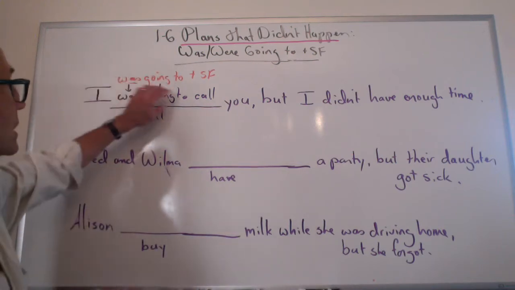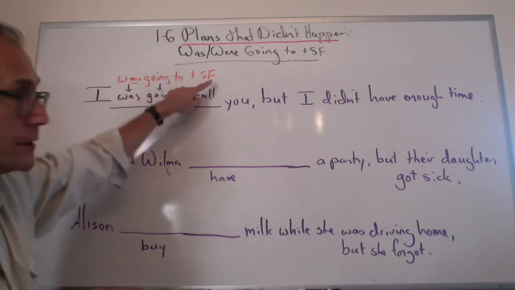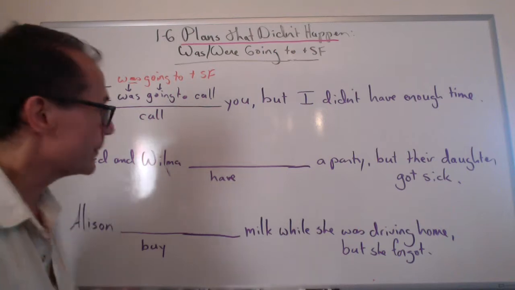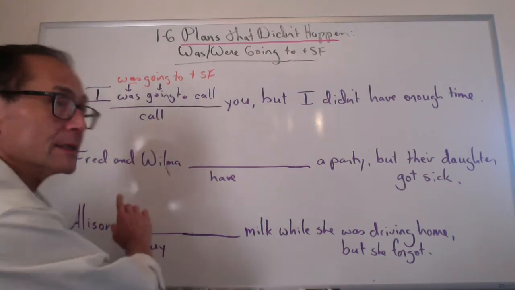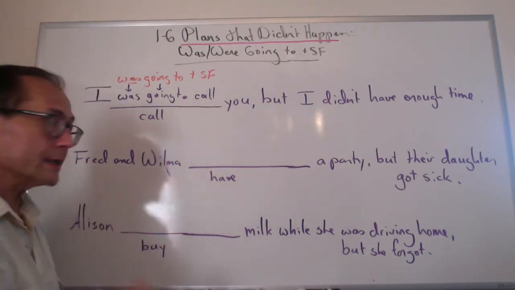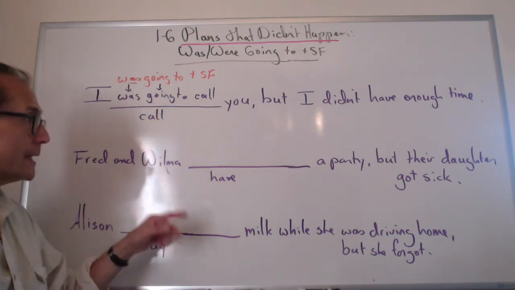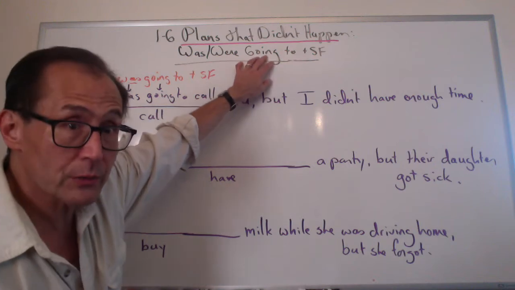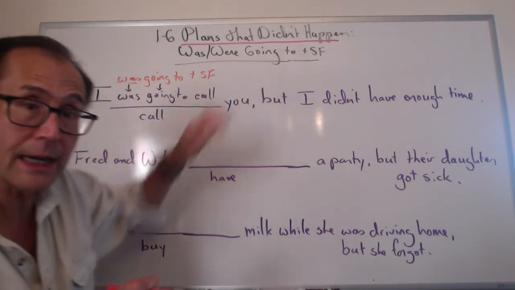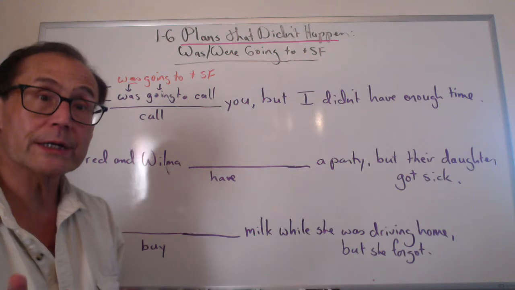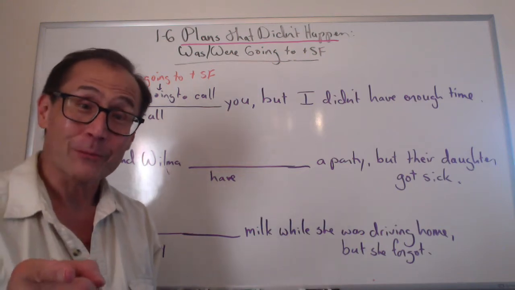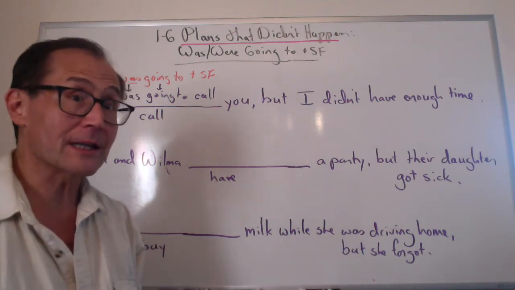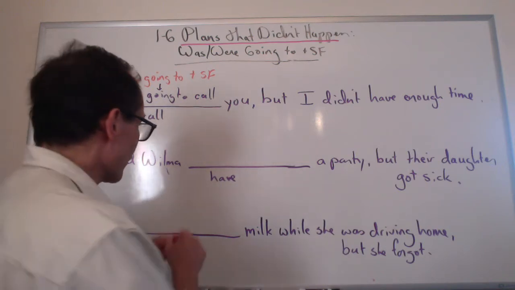And again, I can use was going to or were going to in simple form in English to show it's a plan, it didn't happen. So let's work together to decide what will go in here. Fred and Wilma blank have a party. So I want to show again, this was a plan, it didn't happen. With Fred and Wilma, would I use was or were? Pause the video if you need a moment to think. Okay, because it's two people, because it's a they, I will use were.